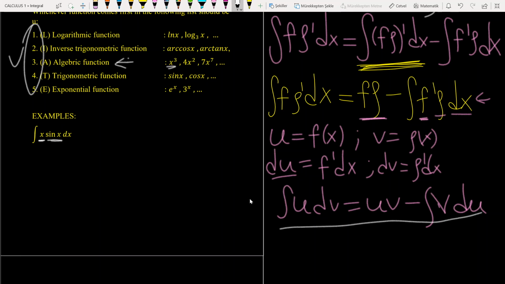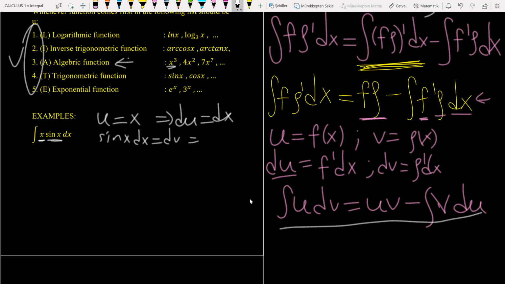So u must be x. If u is x, then du is dx, and the rest, which is sine x dx, becomes dv.